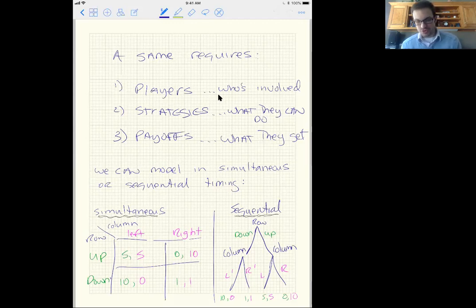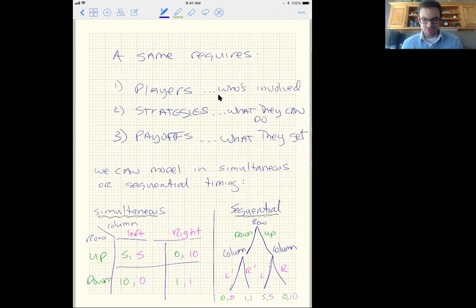In the sequential version of the game, I have the row player moving first. And then I've got two information sets labeled with columns, these two forks coming off. So row player can choose up or down. If row player chooses down, column knows that row player has chosen down and then makes a selection of left or right. If row player chooses up, column knows that up has been chosen and then makes its own selection of left or right. That's why I've put these primes.